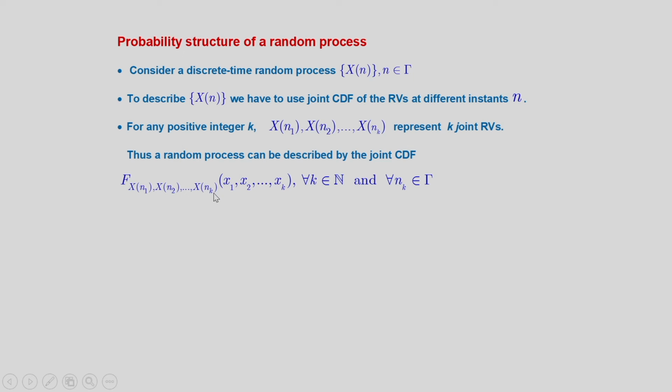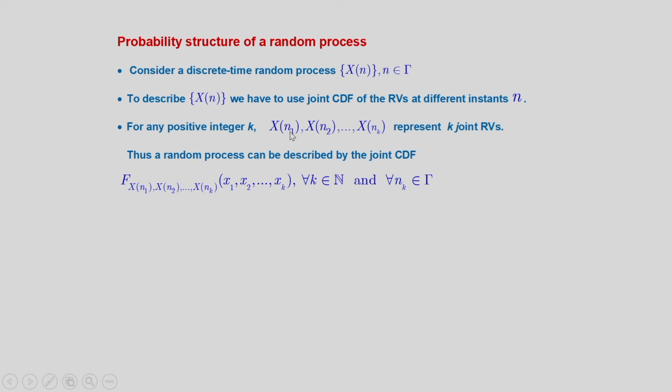This is the joint CDF of the random variables x[n1], x[n2] up to x[nk] at points small x1, small x2 up to small xk. Now, this CDF must be defined for all k belonging to N, because this index set is an infinite set. So, all possible values of k we have to consider.